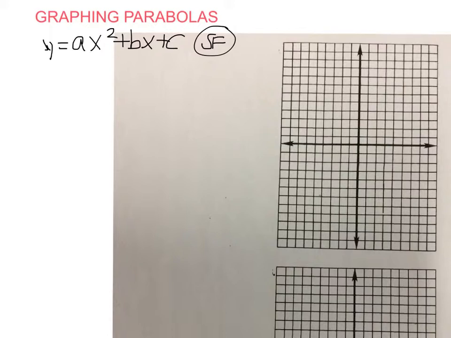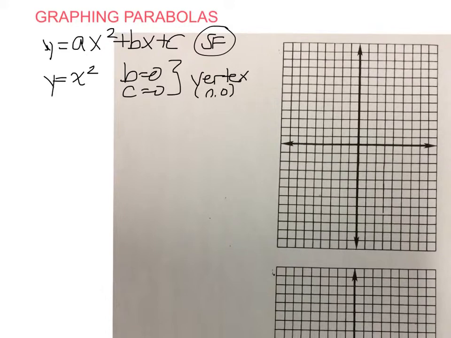So you're not always going to have a b and a c term. If you don't have one, for example, the standard parabola y equals x squared just looks like that. If you have a y equals x squared parabola where there's no b and there's no c, b equals 0 and c equals 0, those equations all have a vertex at the origin.